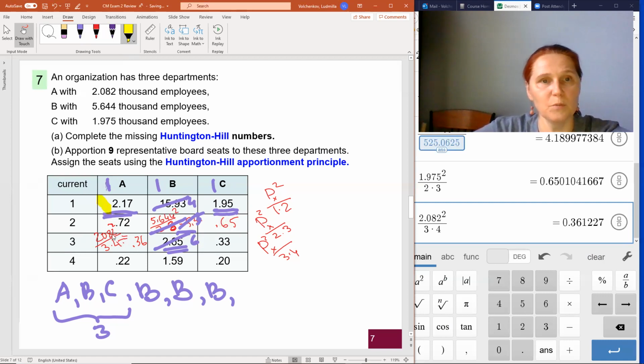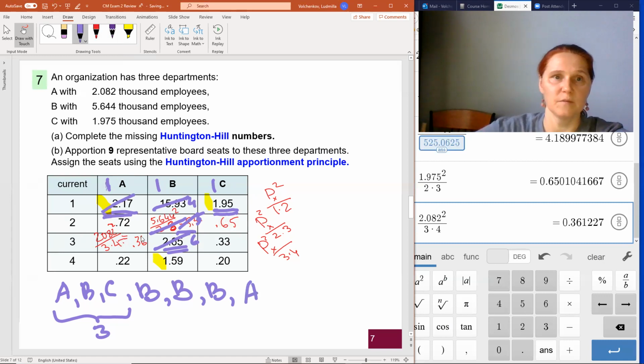Then we compare 2.17, 1.59, 1.95. 2.17 is the greatest. The next representative goes to A. And now we compare 0.72, 1.59, and 1.95. Now 1.95 is the greatest number.